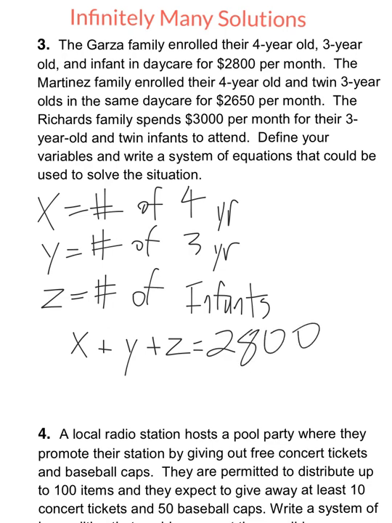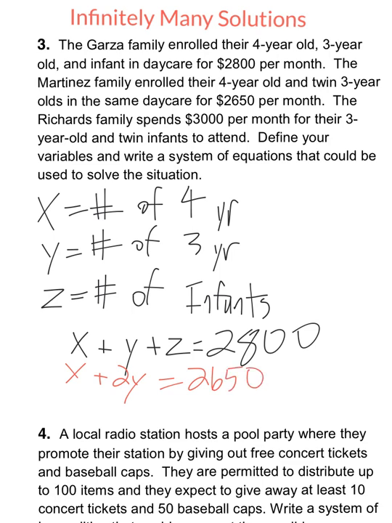The Martinez family has a 4-year-old, x, twin 3-year-olds, so that's 2y, and they have no infants. So you can throw in a plus 0z, or you can just make it equal what it's supposed to equal. Since we're not solving it, we don't have to throw in a 0z. So they're going to spend $2,650.